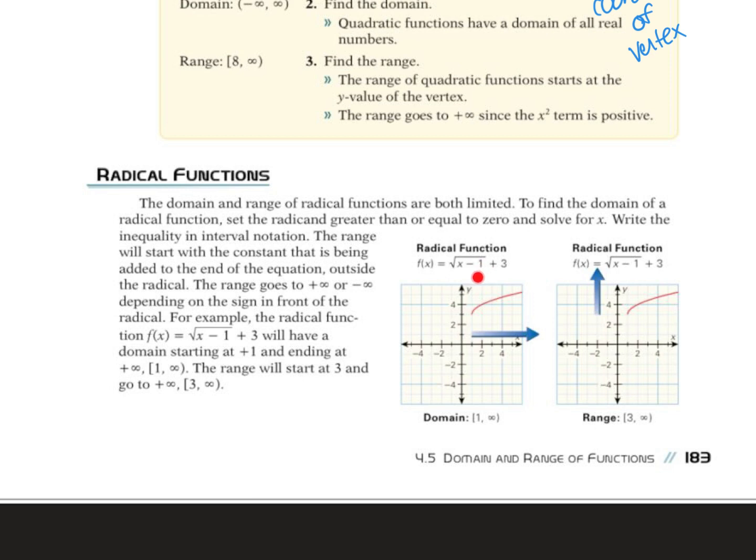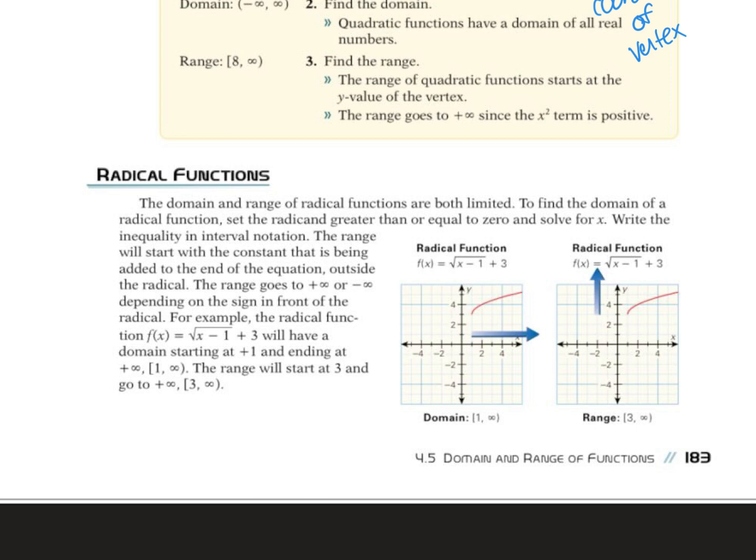No, right? So we need to think about what will make that negative. Technically, couldn't you have a negative if that negative was before the square root? If it's a negative and then a square root, yes. If it's a negative under a square root, no.